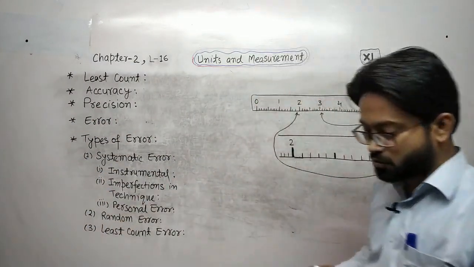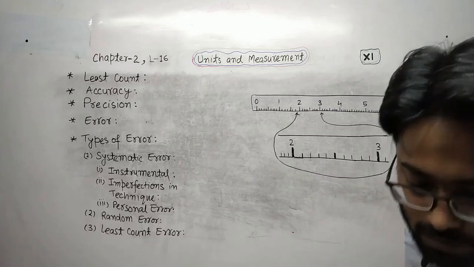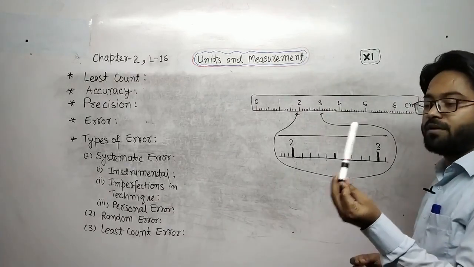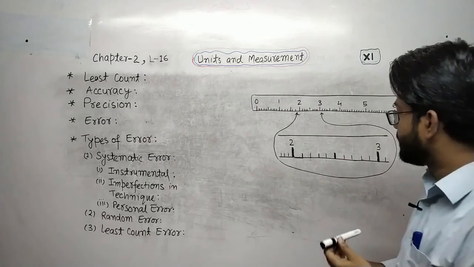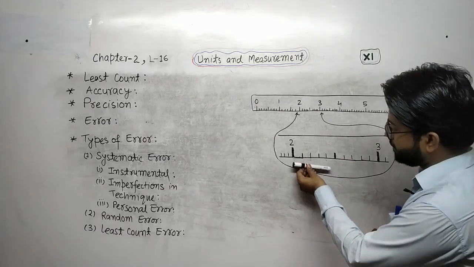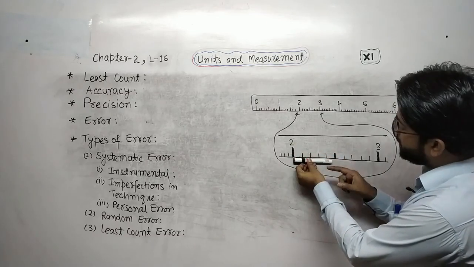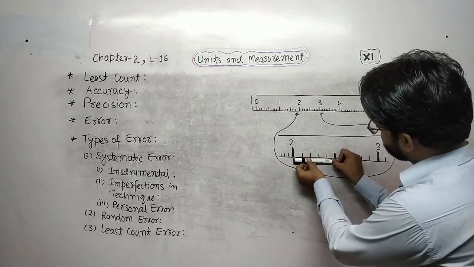Instrumental error. What is instrumental error? Let us suppose we are measuring the length of this marker, and if we place it here, the initial point of the marker is at 2 and the final is here.